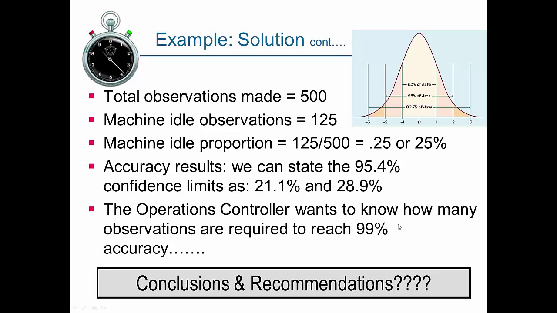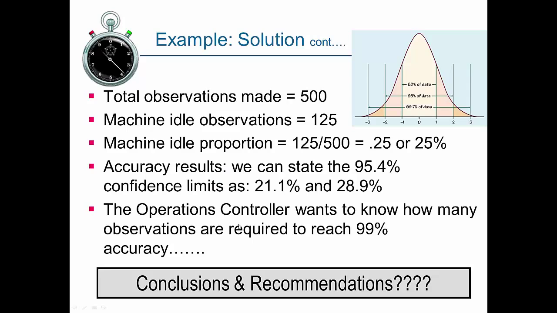Okay, so we're going to go into the next video to go through the calculations of how we determine these confidence limits, how to calculate the actual accuracy of the study, and how to calculate how many observations are needed to reach this 99% accuracy. And then we'll also talk about conclusions and recommendations.